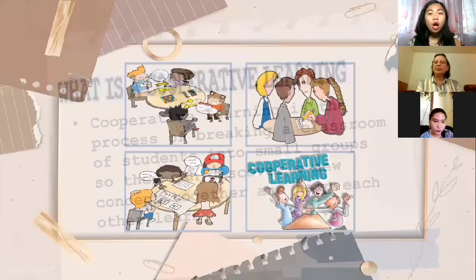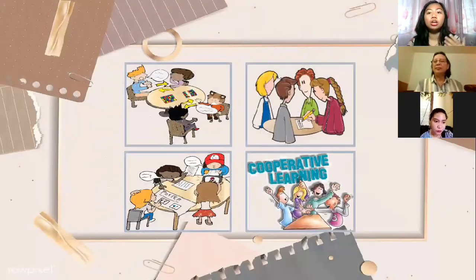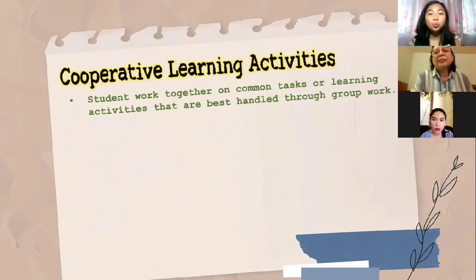So in general, in cooperative learning methods students share the following 5 characteristics. First, students work together on common tasks or learning activities that are best handled through group work. There are activities that can't be handled by only one person. So cooperative learning can help your students work with one another to achieve a common task through group work.